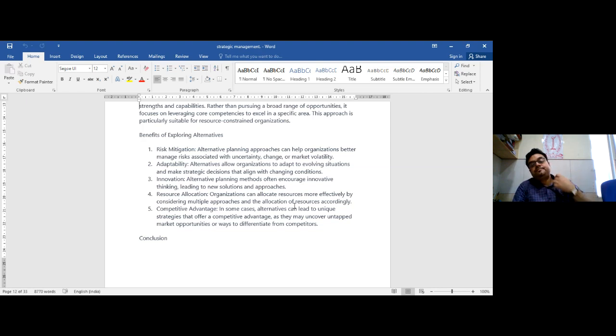It can uncover untapped market opportunities and ultimately find out ways to differentiate them from that of its competitors.